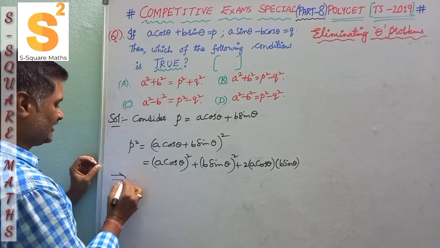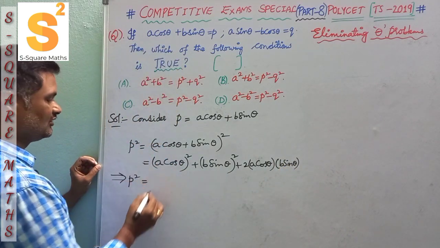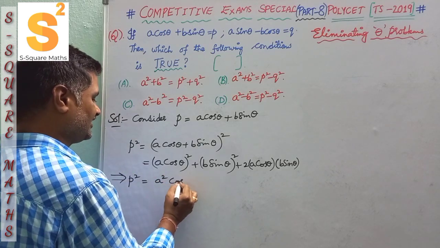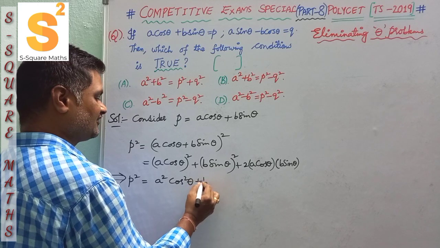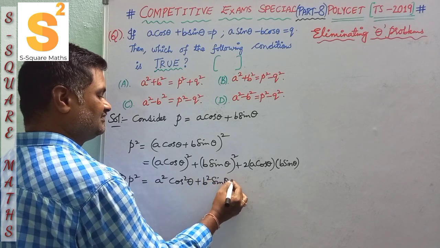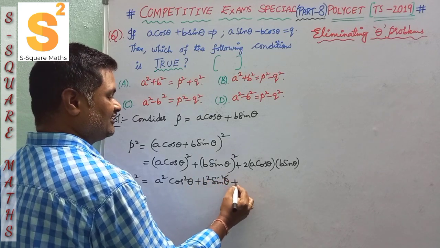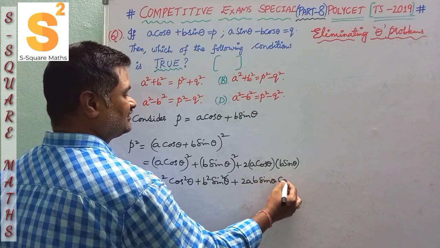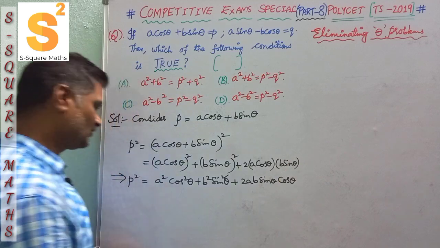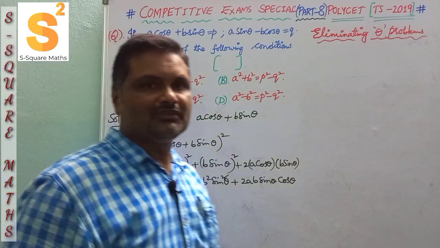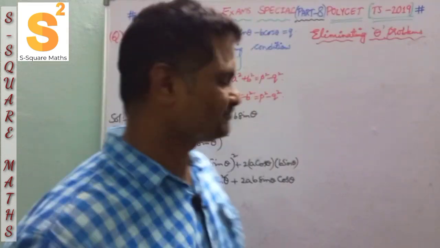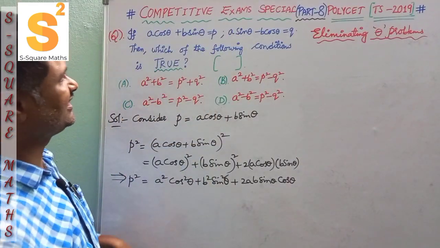So this implies P square is equal to A square cos square theta plus B square sin square theta plus 2AB sin theta into cos theta. So that is nothing but the P square expression. Mark it as equation 1, later we will consider.